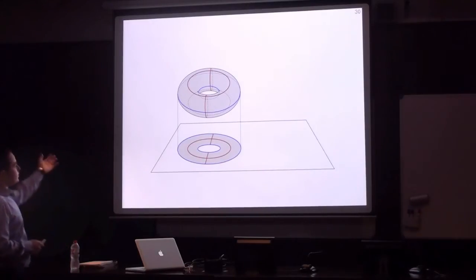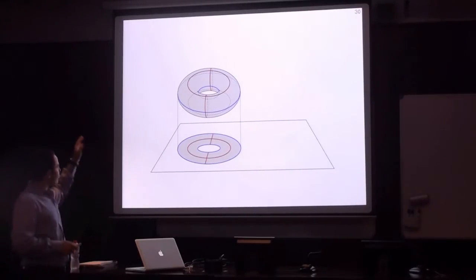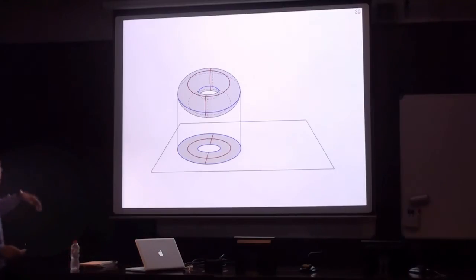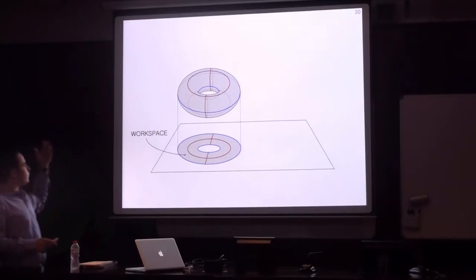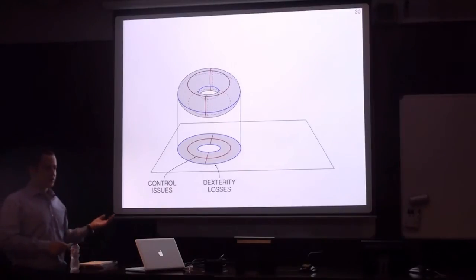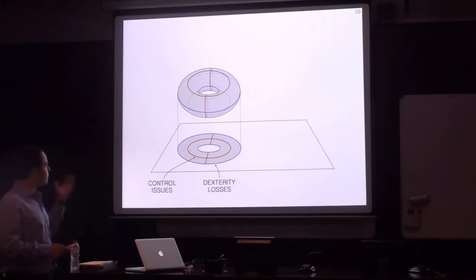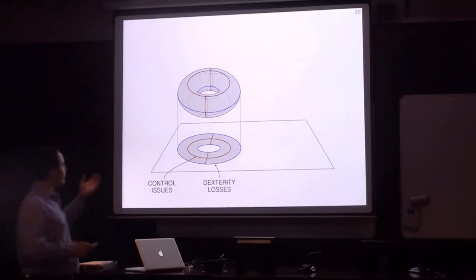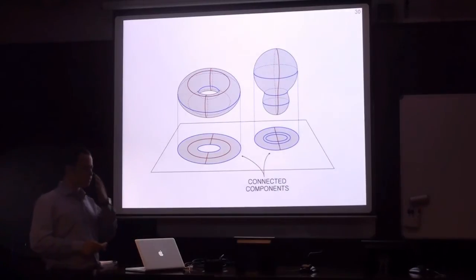For example, if this is the projection to the output space, the projected singularities inform us about the limits of the workspace. Also, since we can project both the input and the output singularities, we can see in which points we may find control issues or dexterity losses. And in addition, these projections could reveal if there are several connected components.